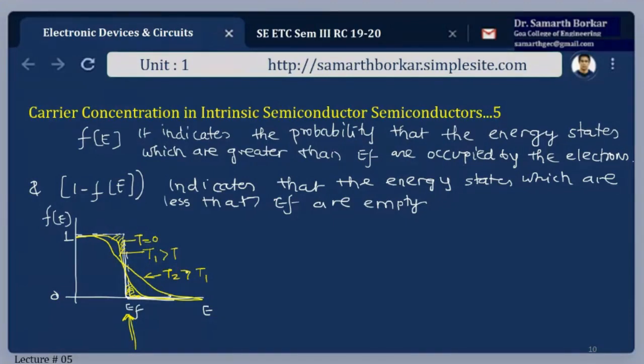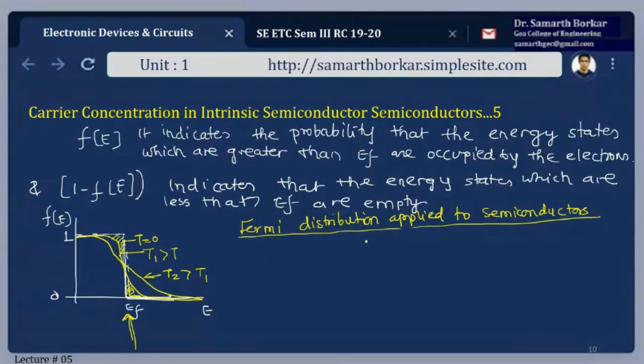Okay, now we are going to start with the first application. The first application is Fermi distribution applied to semiconductors.